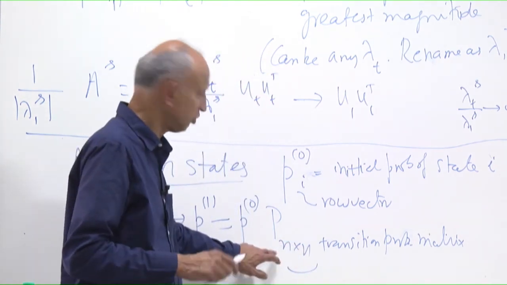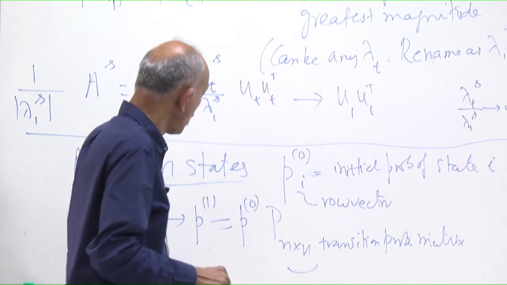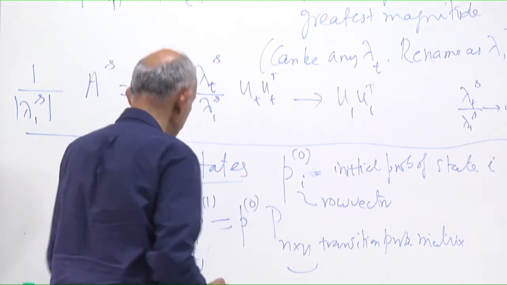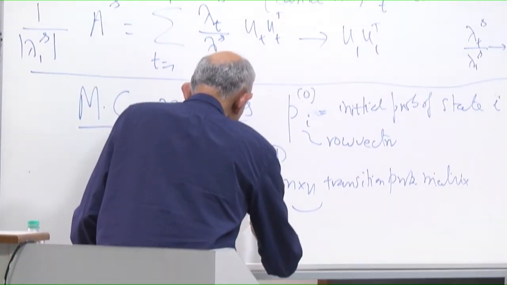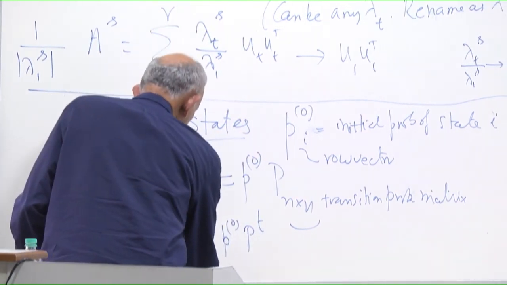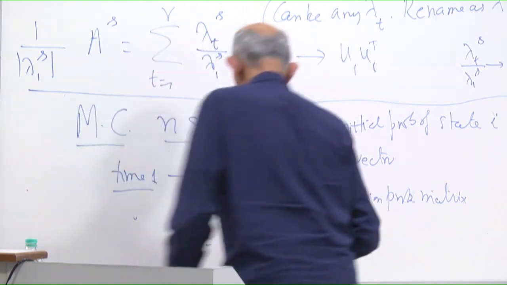I won't tell you what this is. It's not my intention to go over Markov chains, so I'm not going to tell you what it is. All I'm going to tell you is that at time s, the probabilities are just P0 times P raised to the power s. Excuse me, let me use s, I've used s for powers.